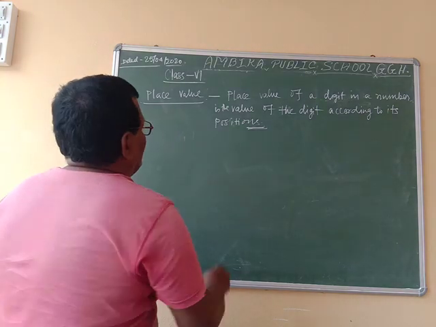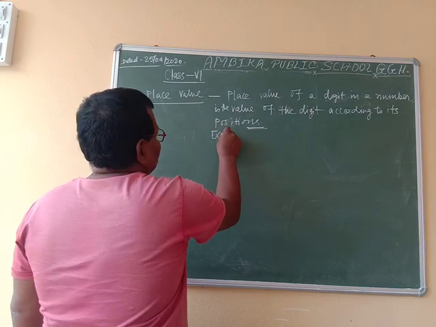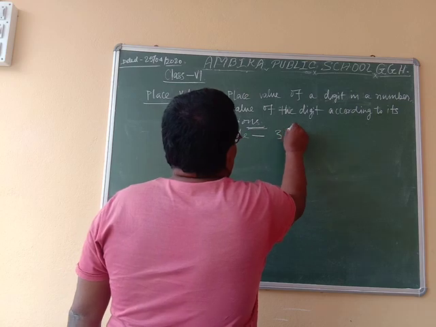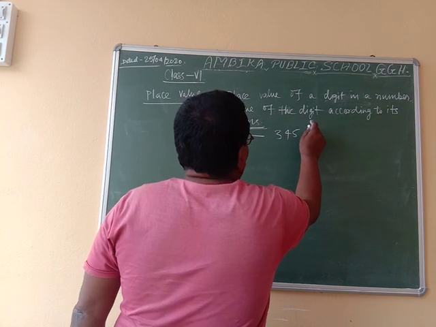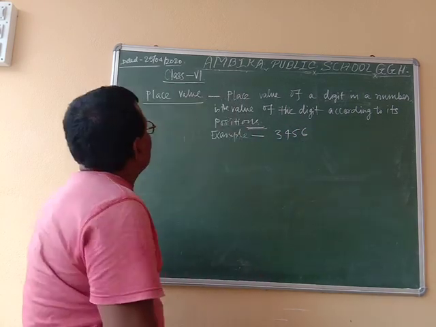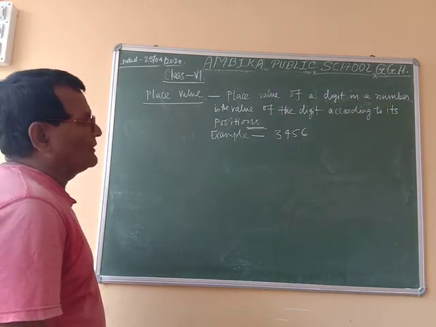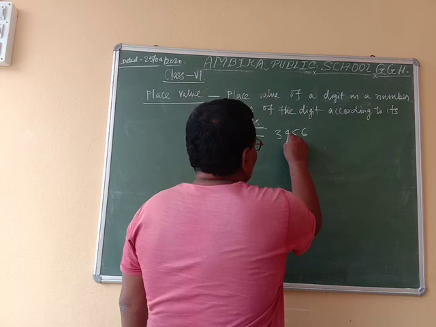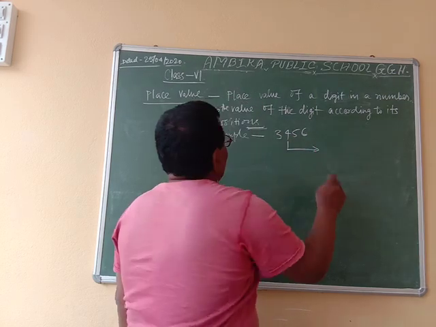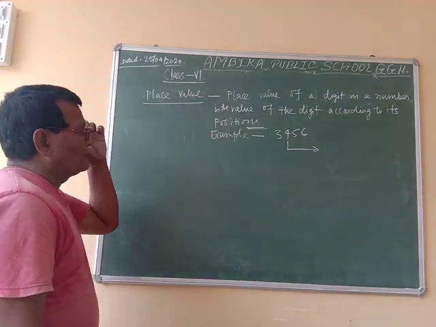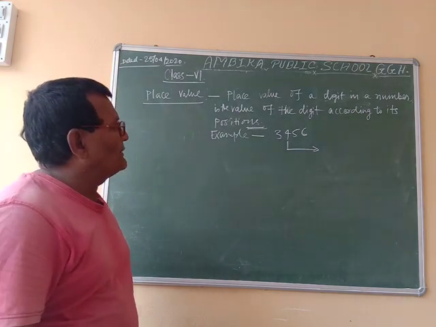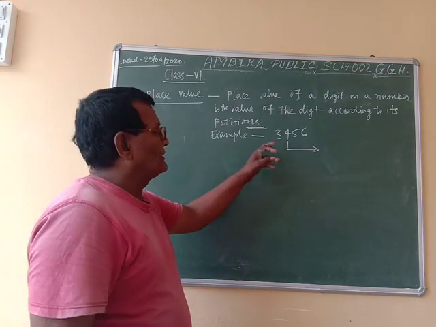Place value. As for example, if you have to find the place value of 4, then we will find the position of 4 in the number.